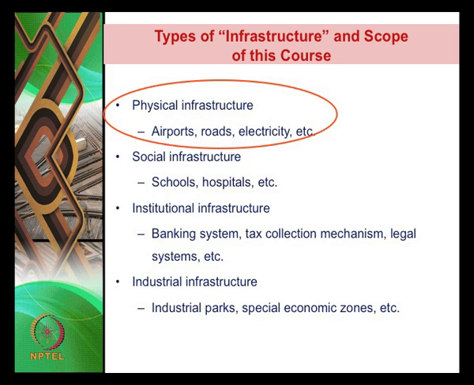The next is very important, which is called social infrastructure. So social infrastructure will include things like schools, hospitals and so on. They have several characteristics that are common with some of the physical infrastructure projects, but then they also have so many differences.